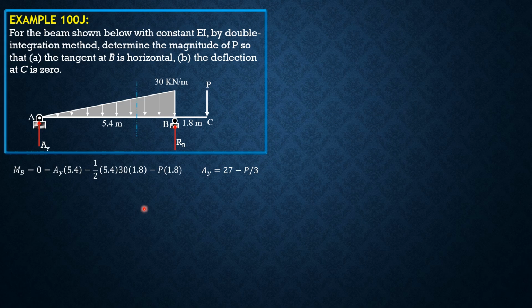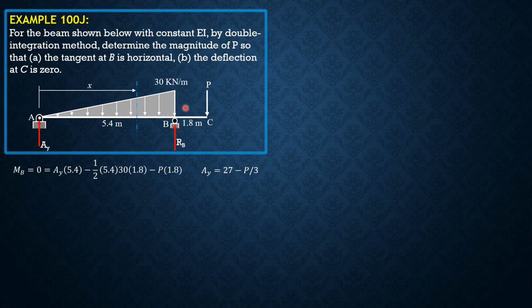Likewise, let's now have a section, call that X, origin at A. Now, we can have up to here as section, but it will be complicated because we're going to extend this triangular loading and add a counteracting loading, so it will be a lengthy equation.